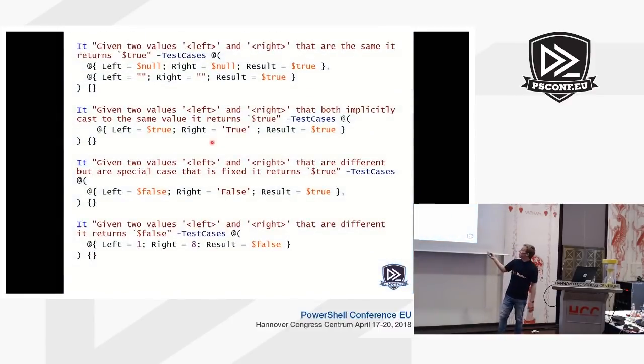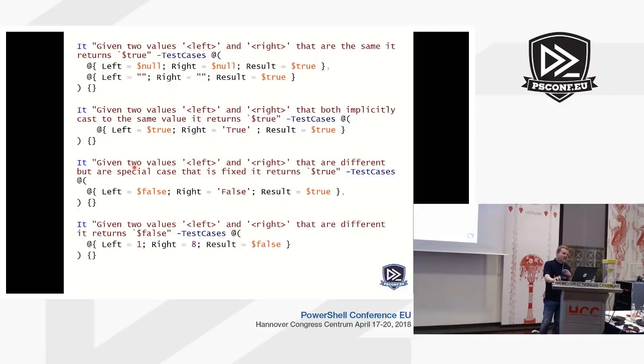So this would be probably how I would redo it if I would have to. And on the top you can see, sorry, I'll be showing it on the screen. On the top you can see that we are just normally comparing it. This is how PowerShell normally works. And then we say, given two values, left and right, that both implicitly cast to the same thing. Yeah, that's also how it works.